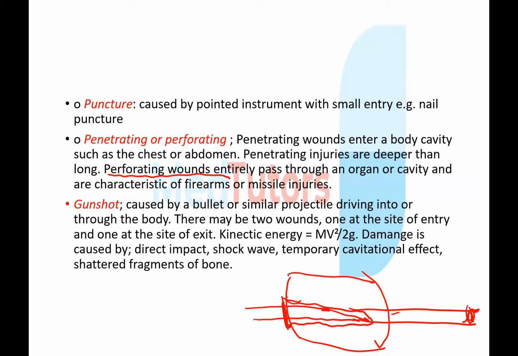Now, because of the peculiarity of gunshot injury, gunshot wounds are a category on their own. You don't just categorize them as a perforating or penetrating wound. You can describe a gunshot as a penetrating gunshot injury, but it's a category on its own because of certain peculiarities.